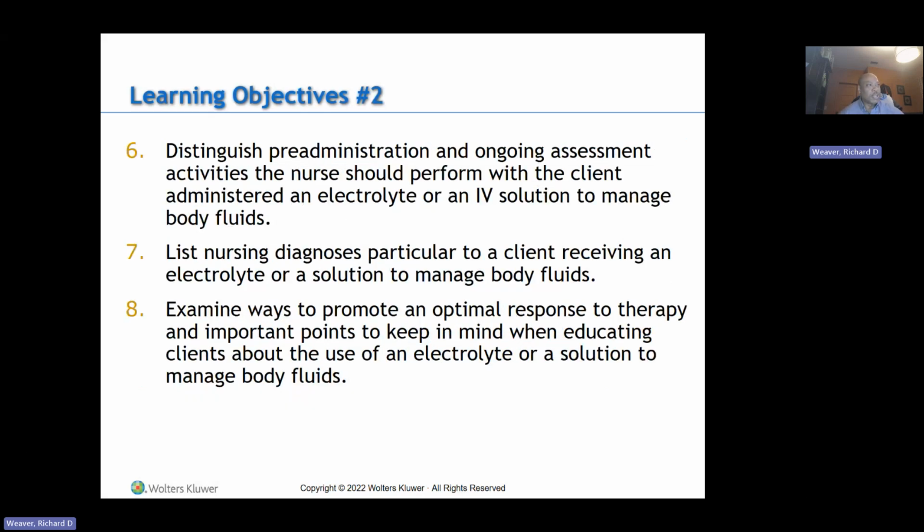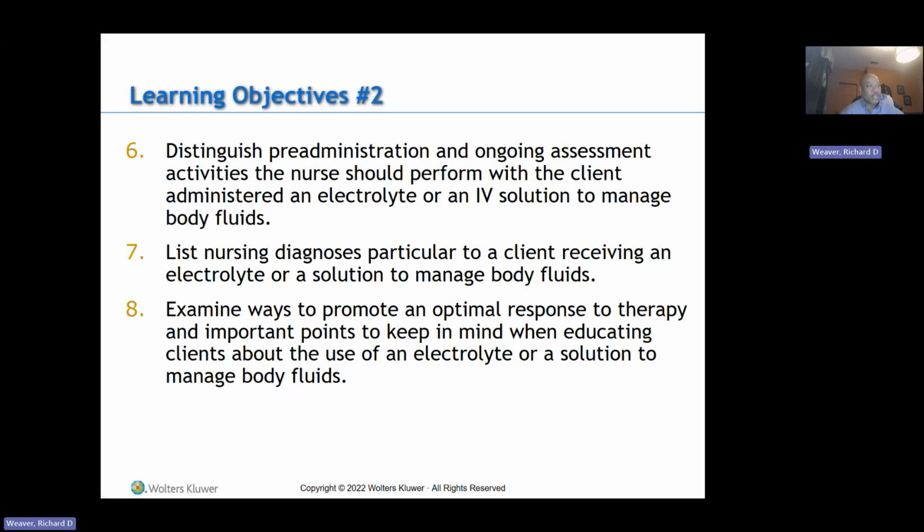And then, of course, the pre-administration. I don't think I'm going to get to this part because it will make this presentation quite long. I want to say it's like 70 something slides total, but maybe 50 something without me delving into that part of it. All right. But you should still read it. List a nursing diagnosis particular to a client receiving electrolyte or a solution to manage body fluids.